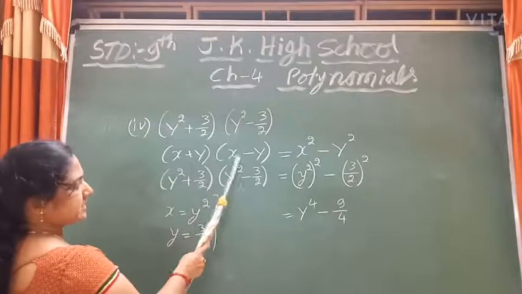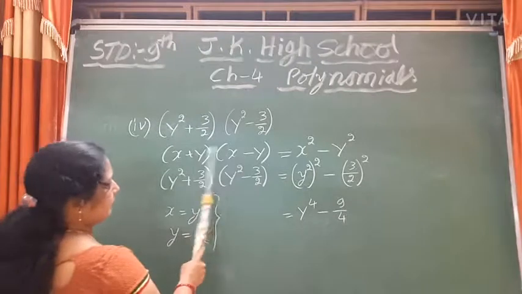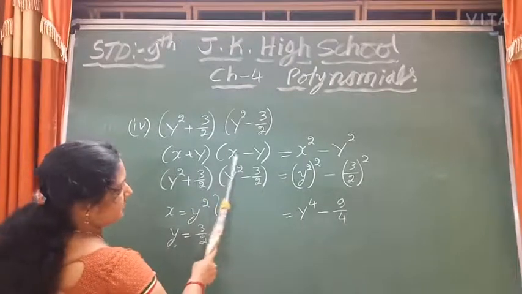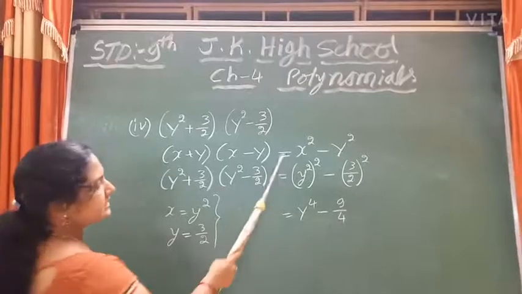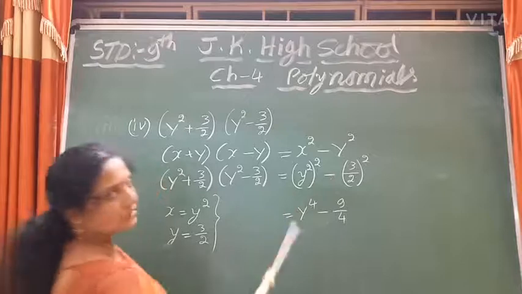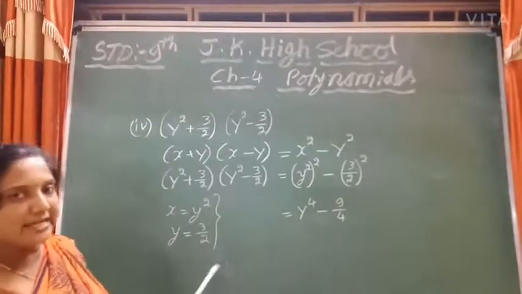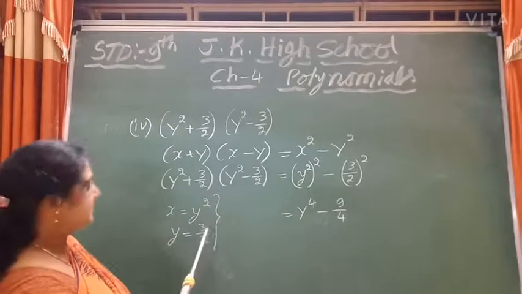According to the LHS side of this identity, this question pattern is there. After multiplication of these two we are going to get x square minus y square. So if I use this identity, I can find the product of these two.